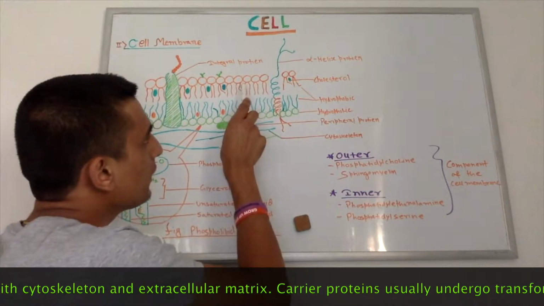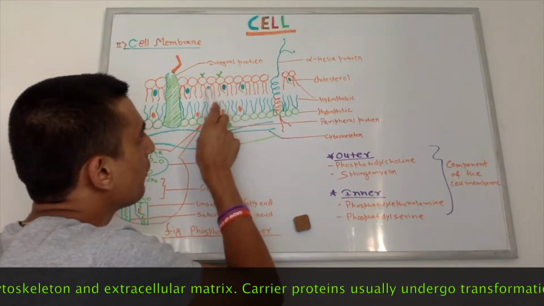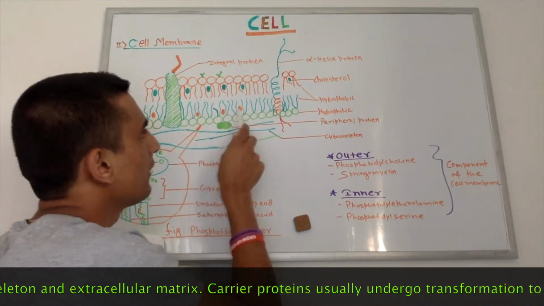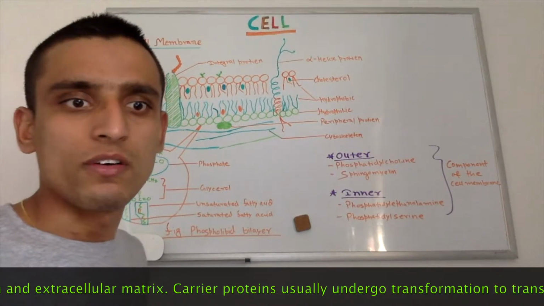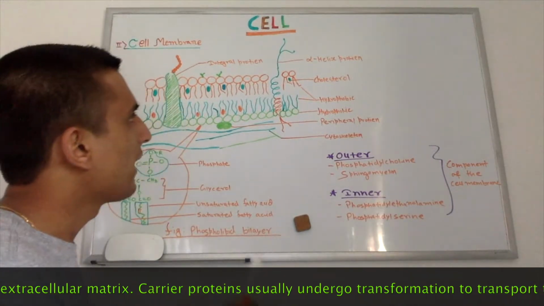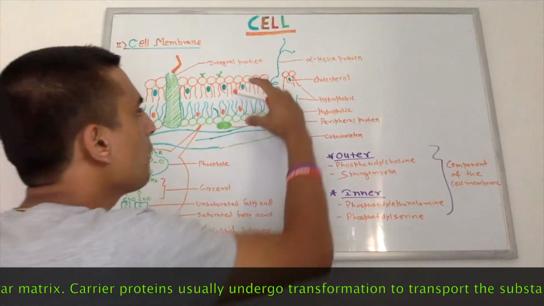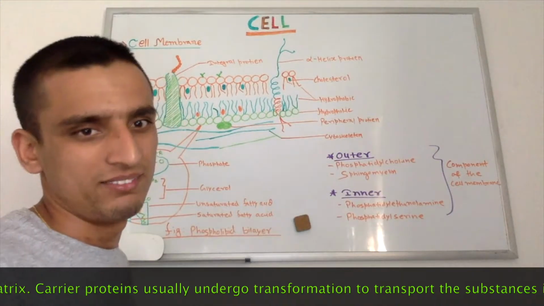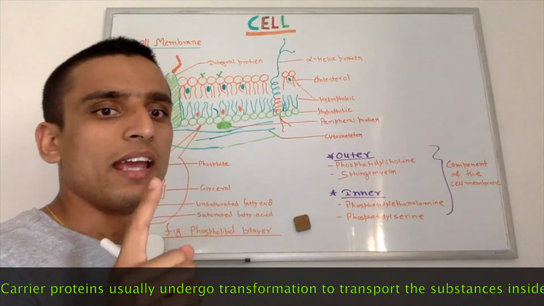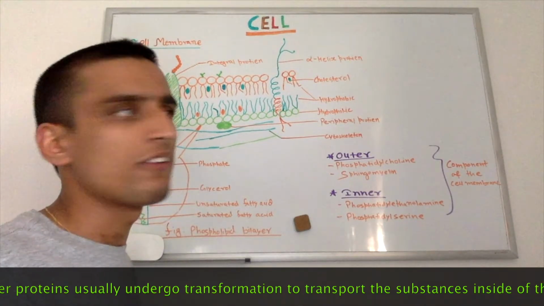And in between those, we have some oval shaped structures that are called cholesterol. Cholesterol has a great function in the permeability and it stabilizes the membrane. That's the main idea you need to understand.